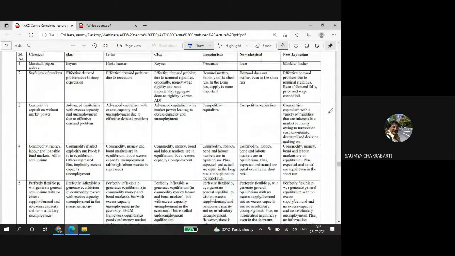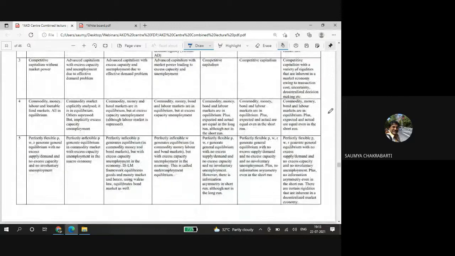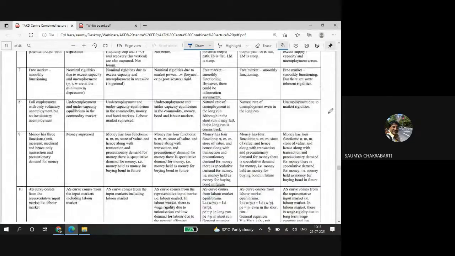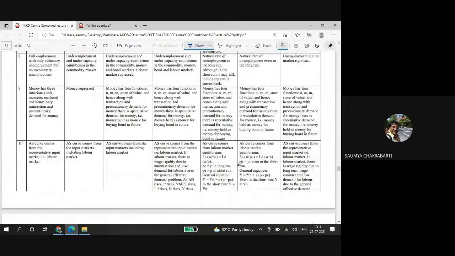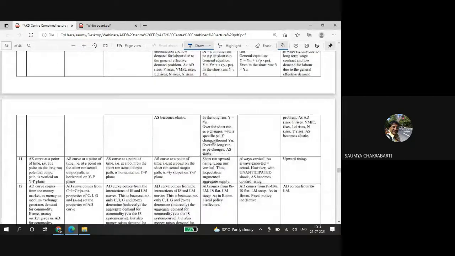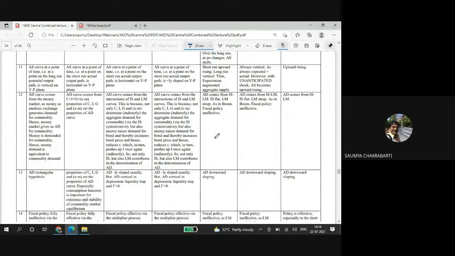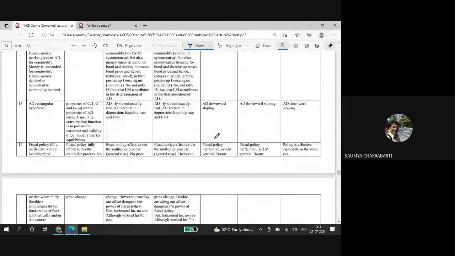Now we go to monetarism, and what did we find? We had all these things. You have this monetarism. All these things I have already discussed, and the equations, etc. And then finally, aggregate demand comes from ISLM. Aggregate demand is downward sloping as usual, as you have seen.